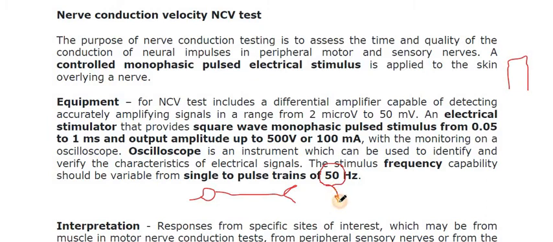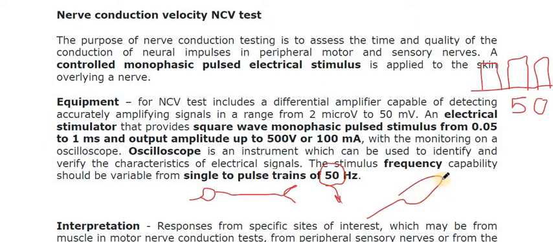So we will not do this test one time and take the velocity. A train of pulses will come like this, then another rectangular pulse like this, so we'll have 50 pulses coming in 1 second. That makes it a 50 Hz current, and for each pulse we will take the reading on the muscle, we will calculate the time, and then we average for 50 times, or more than that, and then we calculate the nerve conduction velocity.